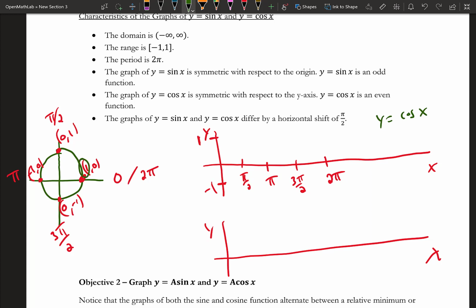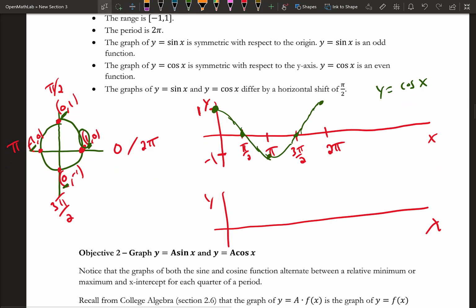I'm looking here, so we get 1, we put a point, and then pi over 2, I'm looking at this x coordinate, this would be 0, and then at pi, I'm looking at the x coordinate for that, which would be -1, and then 3 pi over 2, look at the x coordinate, we get 0, and then 2 pi, again, look at the x coordinate, and you get 1. So if you plot these points, then we get that, something like that.